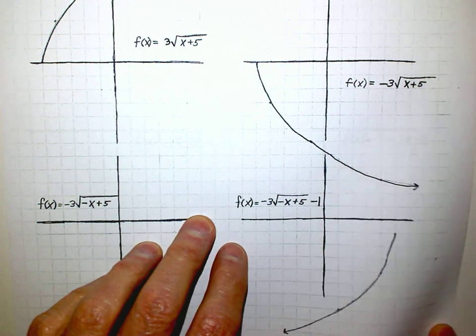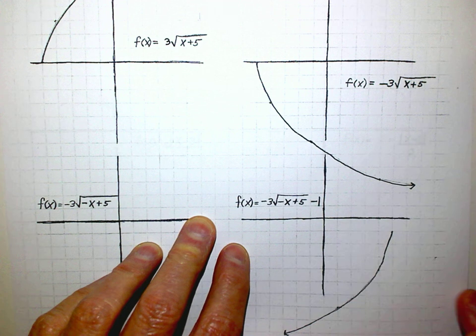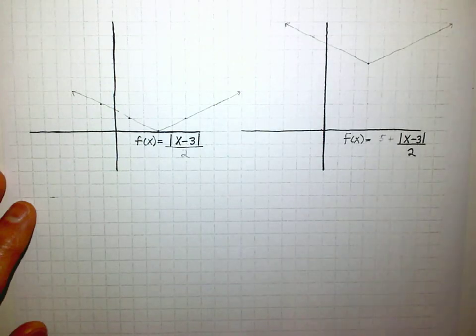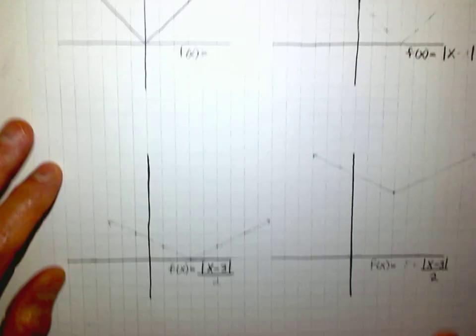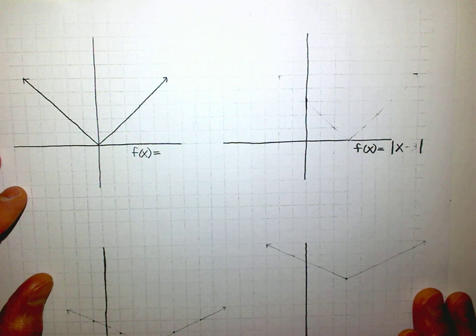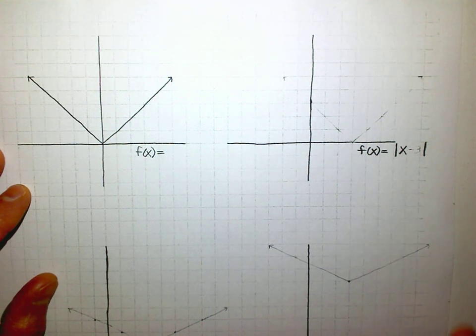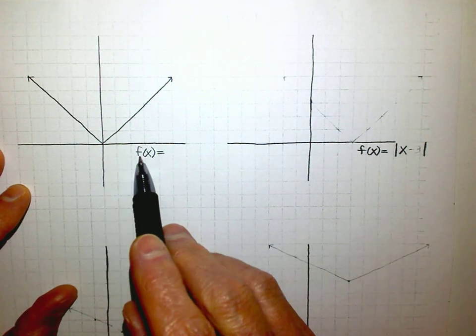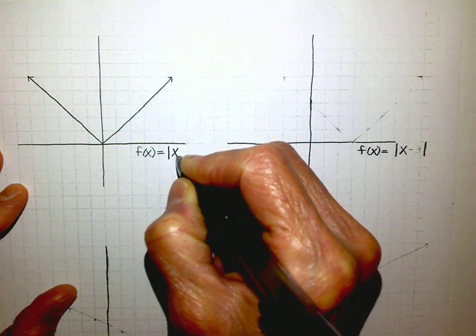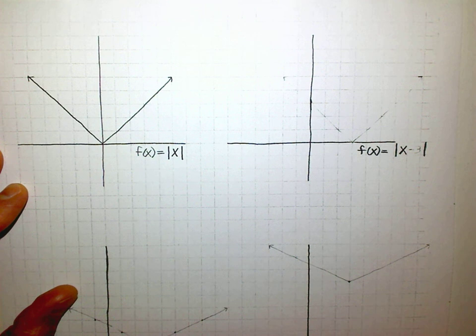Let's look at the example of the absolute value transformation that you have on your handout. We'll start with the basic function here. f of x equals the absolute value of x.